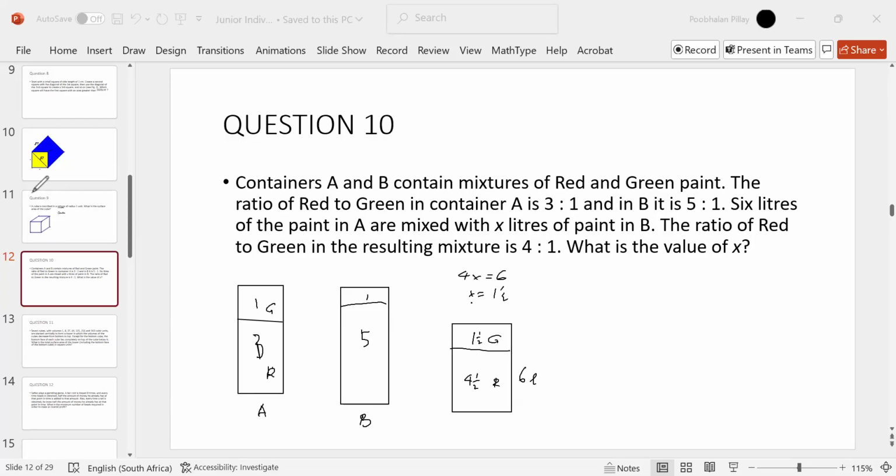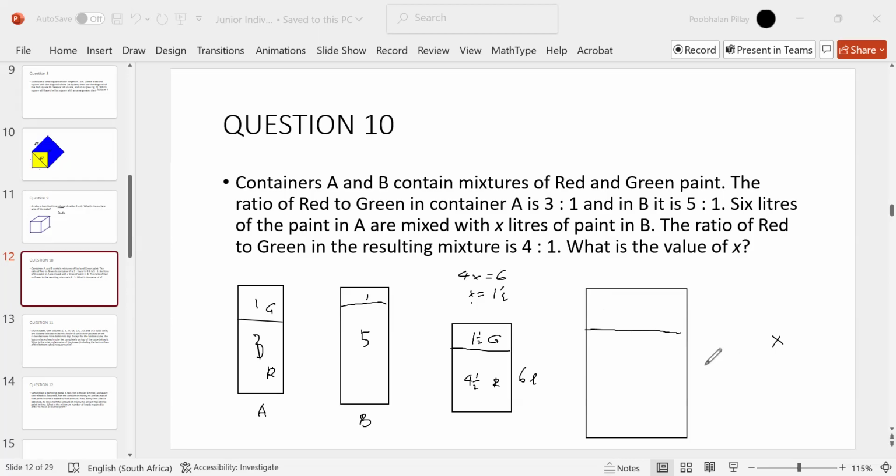So what happens there is that if you look at the paint in B, you got X liters of paint altogether. And we want to know the ratio of that, which is 5:1.